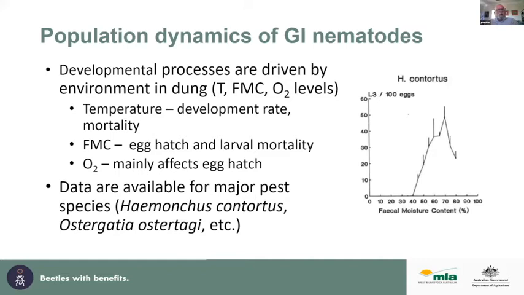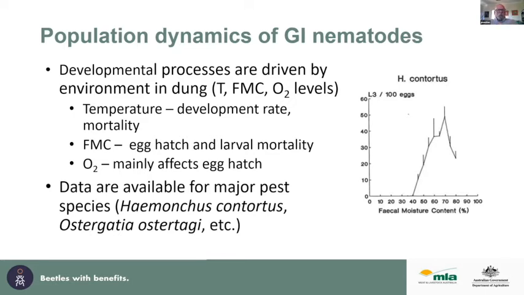It's known that the development of these larval stages of nematodes is influenced by temperature, of course, increasing with temperature and then eventually plateauing and then dropping off if the temperatures get too hot. Fecal moisture content also has an impact on egg hatch and the mortality of larvae, and oxygen levels within the dung pad will affect the rate of egg hatching.